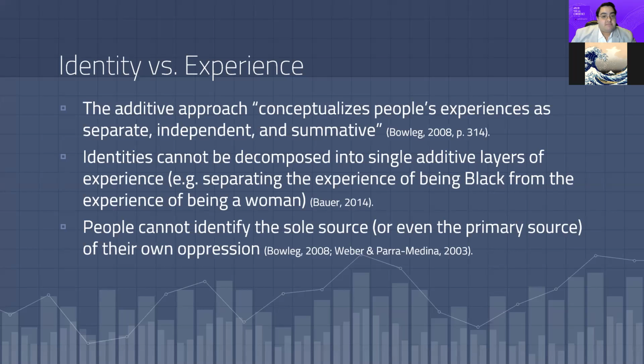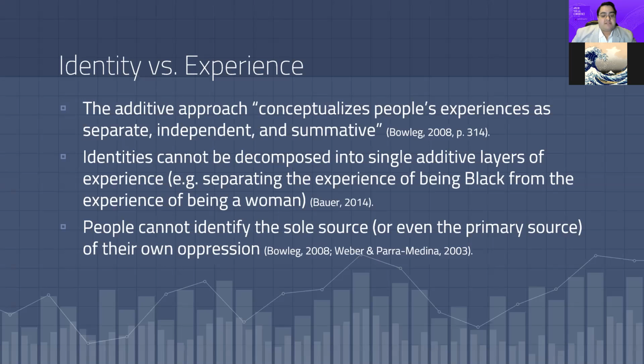And relatedly, people cannot identify the sole source or even the primary source of their own oppression. It's difficult to identify which identity is being discriminated against, and therefore the experience of intersectionality cannot possibly be conceived as separate from the constituting identities that make up that intersectionality.